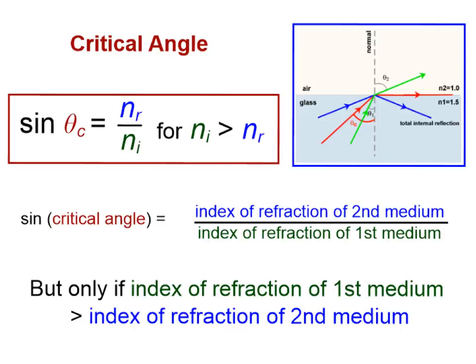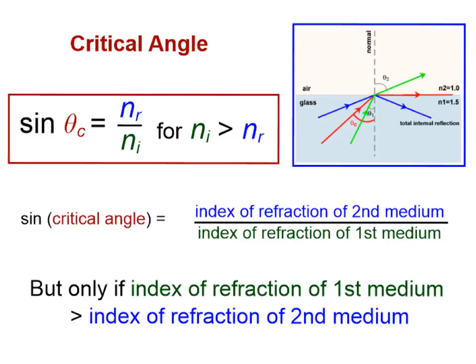Now, of course, we have a very lovely mathematical relationship for all this. When we're thinking about critical angle, if we know something about the index of refraction for at least one of the media, we can find the index of refraction for the other media. Or if we know the index of refraction for two mediums, we can find the critical angle. And these things are all related by this equation. The sine of the critical angle is equal to the index of refraction for the second medium divided by the index of refraction for the first medium.